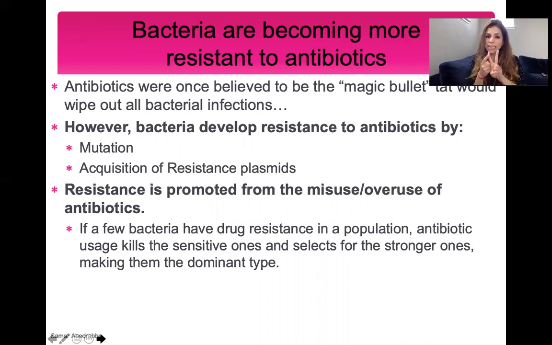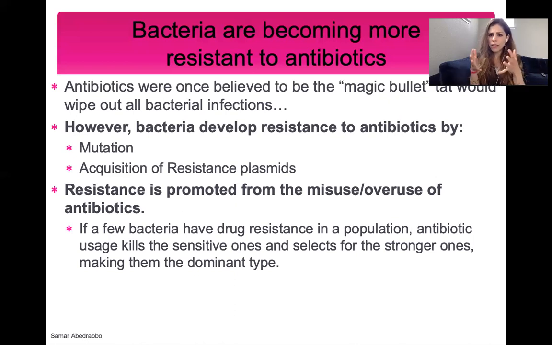Either they mutate naturally over time, or you mutate them in lab, or they acquire resistance plasmids, whether that's naturally or artificially in lab. And resistance is promoted with the misuse or overuse of antibiotics with people and with animals. Farmers give a lot of antibiotics to animals, and we'll learn about this in lecture later.